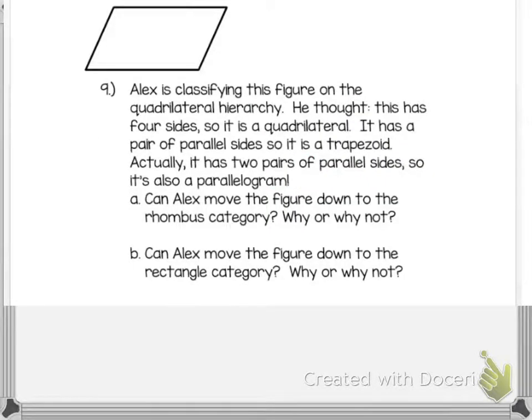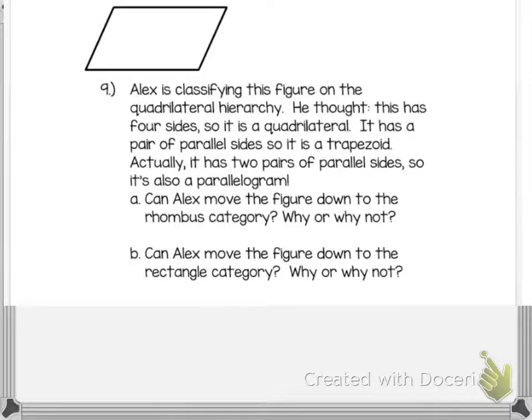So it says, Alex is classifying this figure on the quadrilateral hierarchy. It has 4 sides, so it's a quadrilateral. We said the same thing. It has a pair of parallel sides, so it is a trapezoid. We said that too. Actually, it has 2 pairs of parallel sides, so it's actually a parallelogram. We also said that. Can Alex move the figure down to the rhombus category?